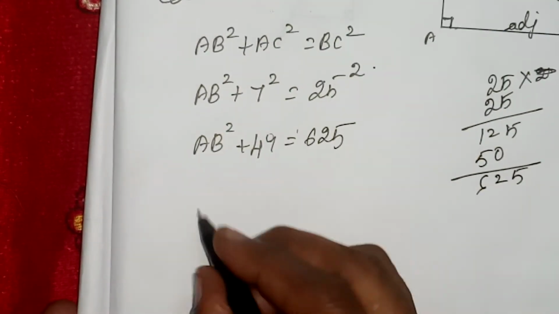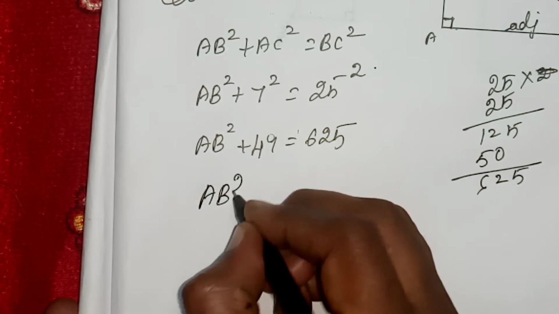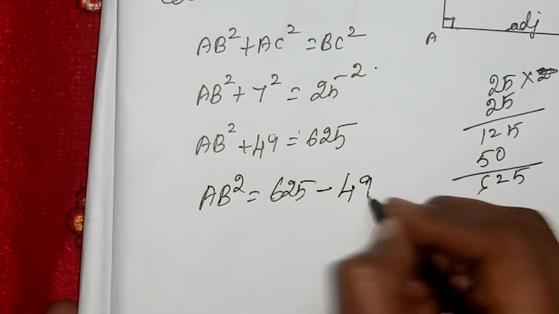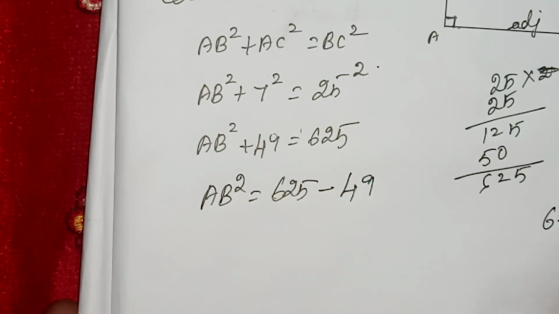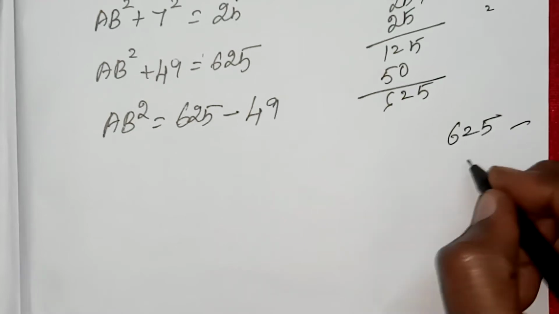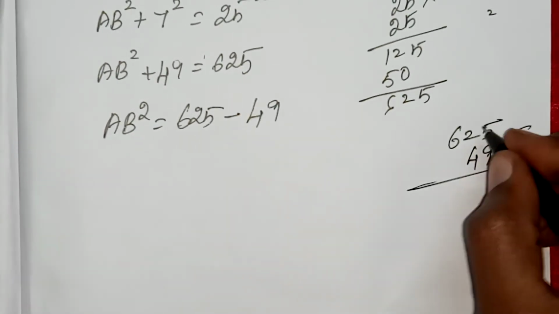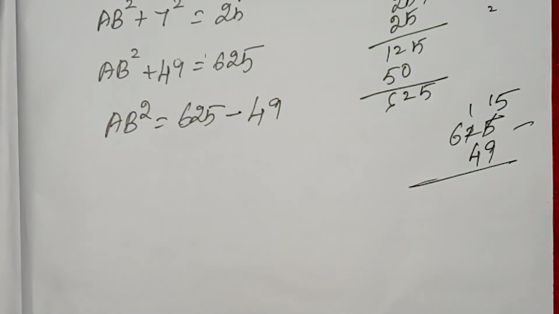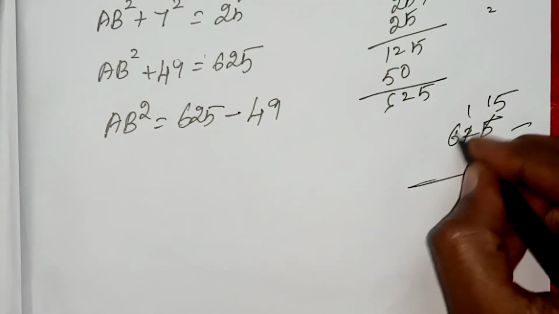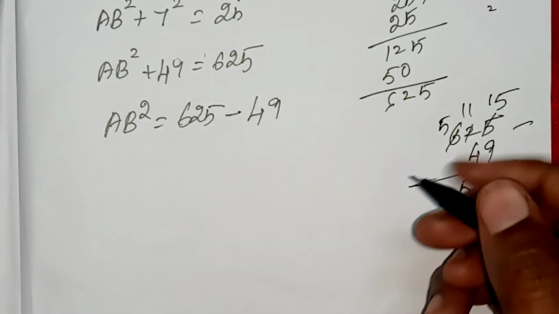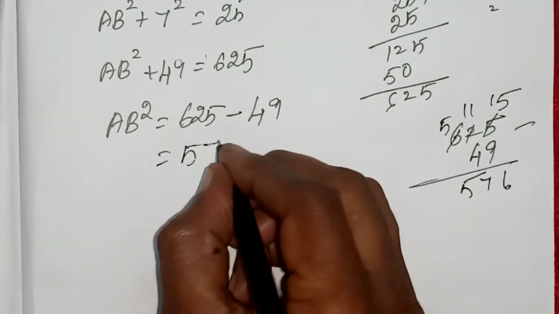Next, AB square is equal to 625 minus 49. 15 minus 9 means 6. Next here 5 1. So 7 5. 576.